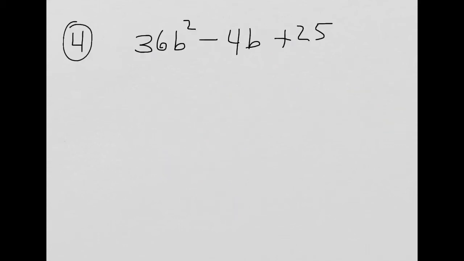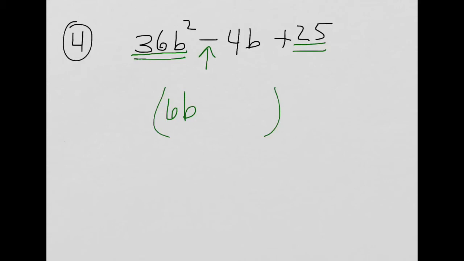Alright, let's take another one. 36b squared, perfect square. 25, perfect square. Now notice I have a negative, which means I'm going to use the negative root of 25. So I'm going to go ahead and put my parentheses. The square root of 36 is 6. The square root of b squared is b. The square root of 25 can be positive 5 or negative 5.